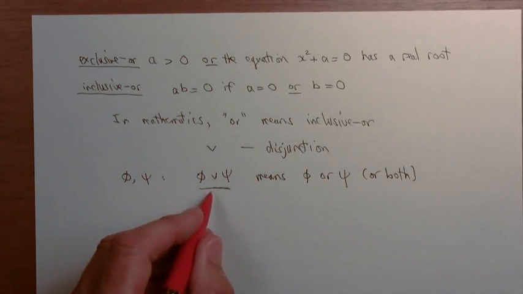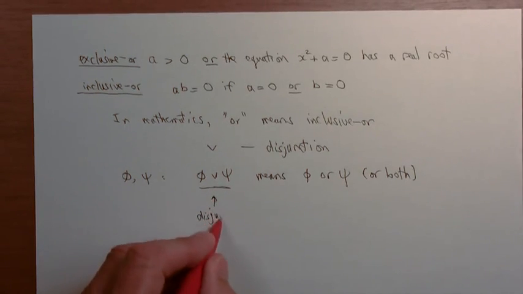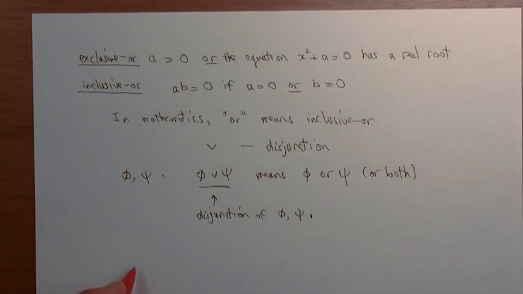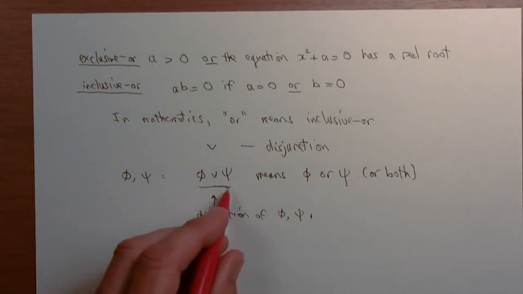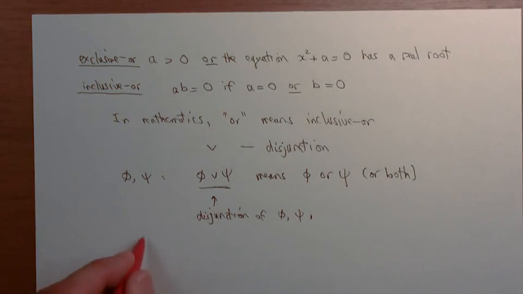This sentence, phi or psi, is called a disjunction of phi and psi. And relative to the disjunction, the constituents phi and psi are called the disjuncts.